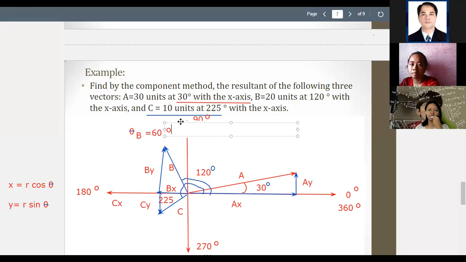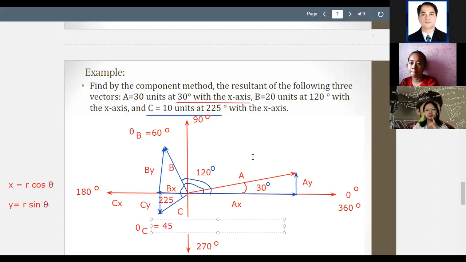If 180 is the entire angle, 180 minus 120 outside leaves a remaining angle of 60 degrees. Now how about the angle for C, the triangle below? What do you think is the reference angle for C? 45 degrees, sir.